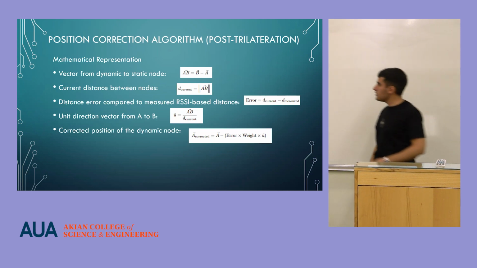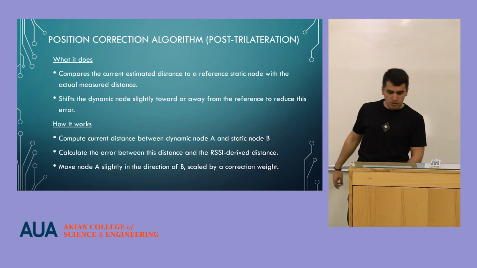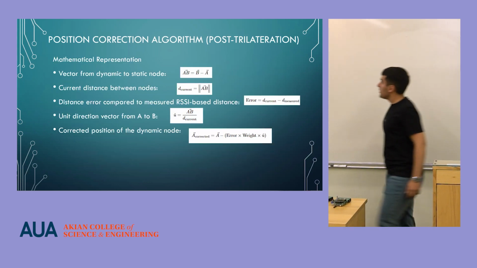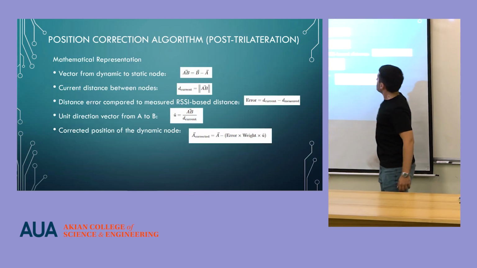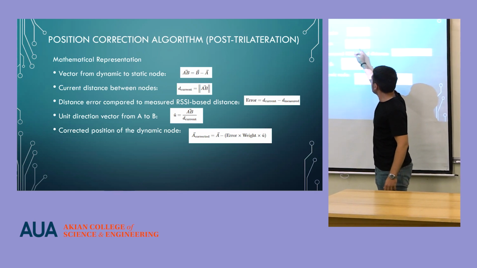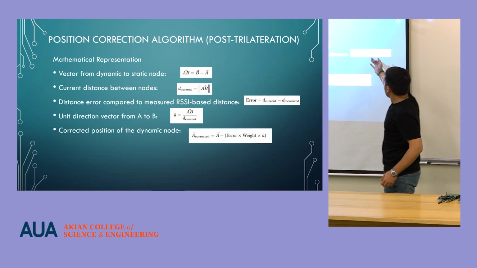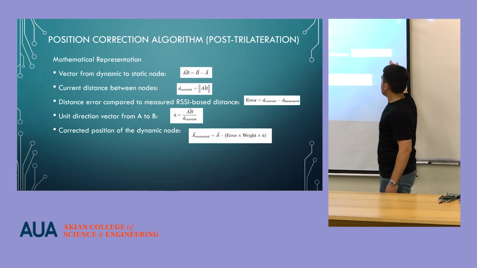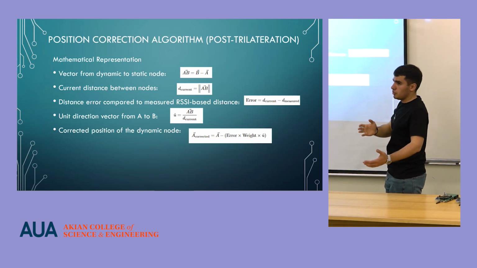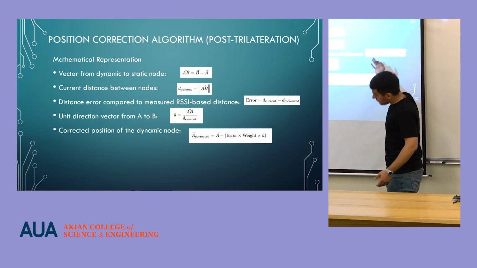Here is the mathematical representation. We assume A is the dynamic node and B is the static node. This is the AB vector which represents that line, and this is the normal vector, which is actually the distance. How do we calculate the error? D current minus D measured. We subtract the two values to see whether there is an error or not.